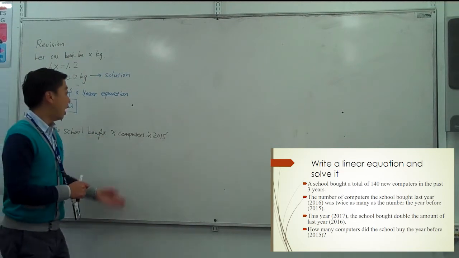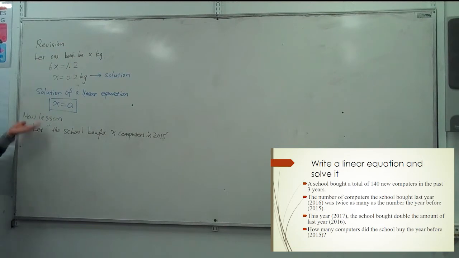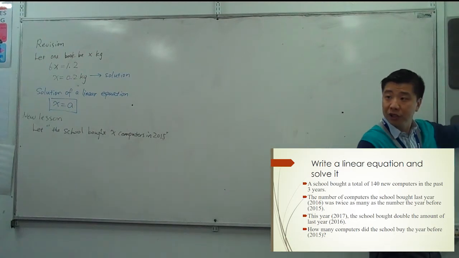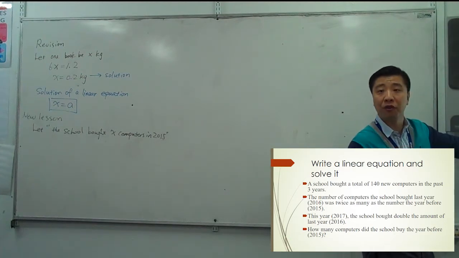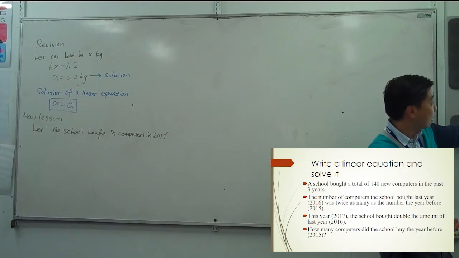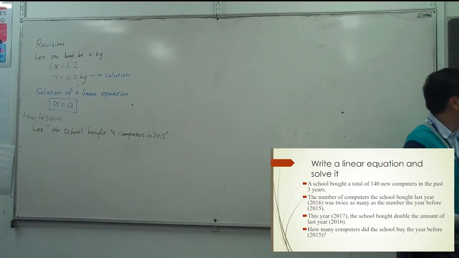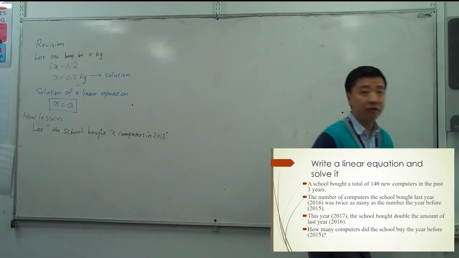Now, after we write let, we have to write the equation. Before we write the equation, we want everyone to write the expression for each sentence, because we have to follow the description. The number of computers the school bought last year was twice as many as the number the year before.